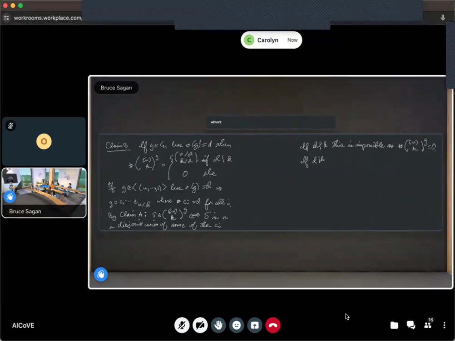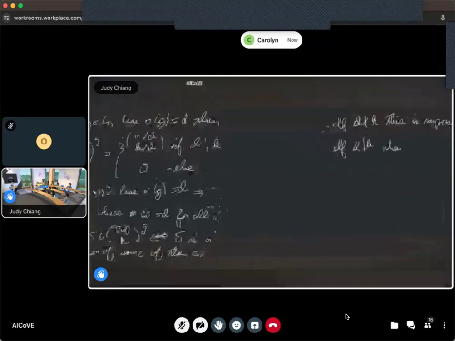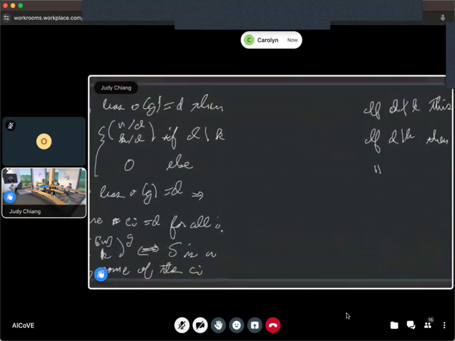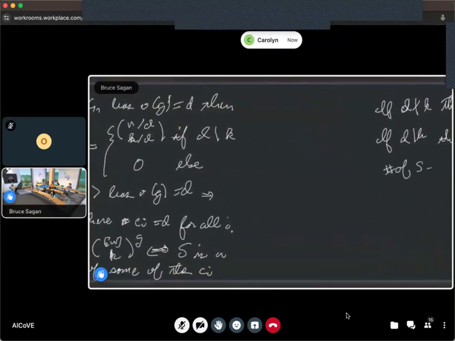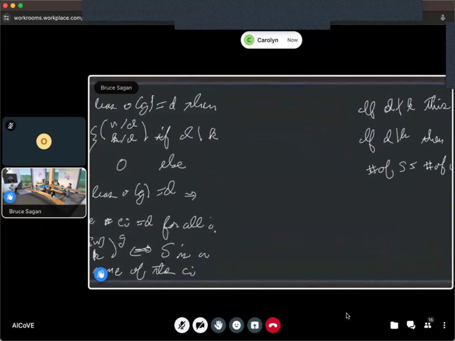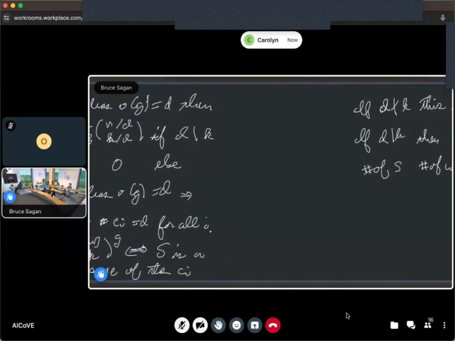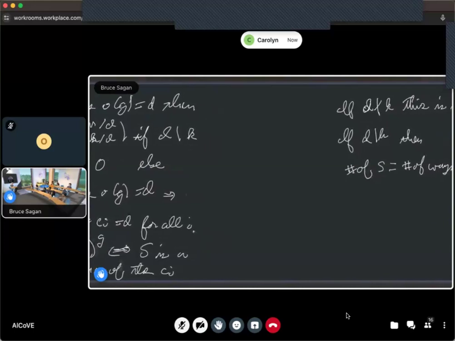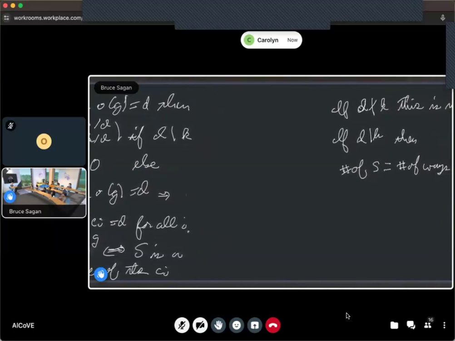So the number of fixed points is the number of ways to pick K over D cycles Ci from N over D total.